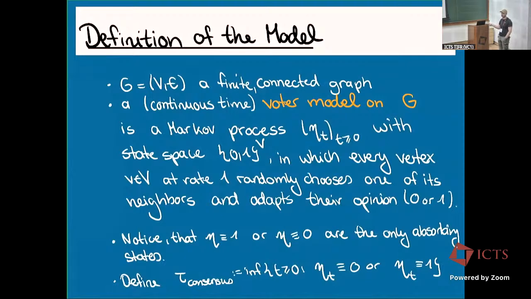This only happens if we have identically 1 or identically 0 distribution. And in the evolving process, we saw yesterday that there are also states where both opinions survive, but there are no discordant edges. So in this case, this will only be true if we have consensus, and we define the consensus time as the infimum over all time points where consensus is reached.